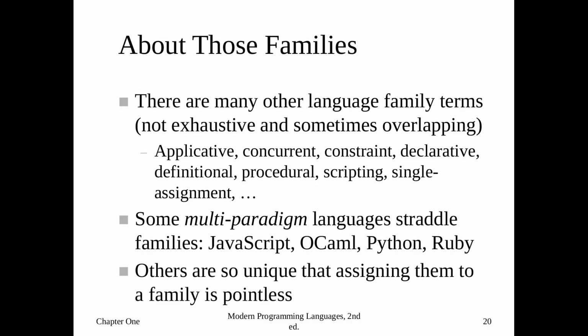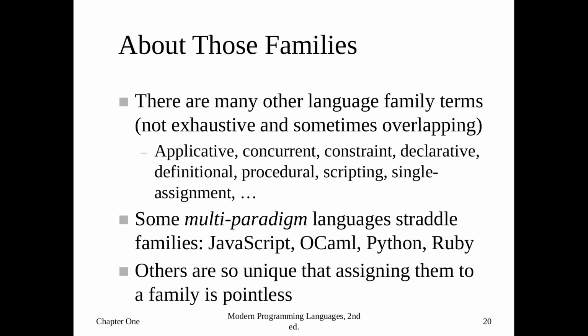Finally, we return. So now, getting past that aside on evaluating languages, we return to the original four families. So we had four families, right? Imperative, functional, logic, and object-oriented. But now, in today's world, I don't think we really have many languages that don't have at least two, if not three, of those things going on.